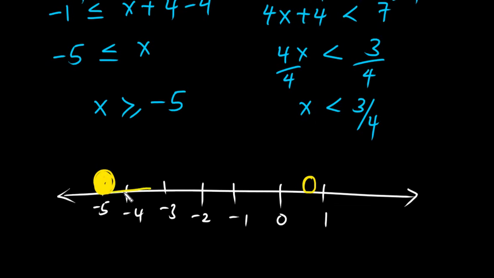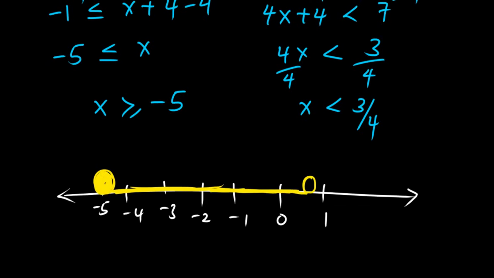So all the values from -5 coming all this way up to this point fit into this inequality, but remember 0.75 is not part of it.